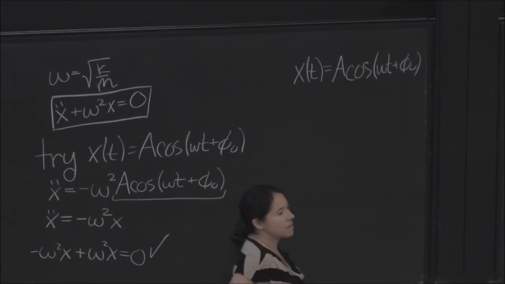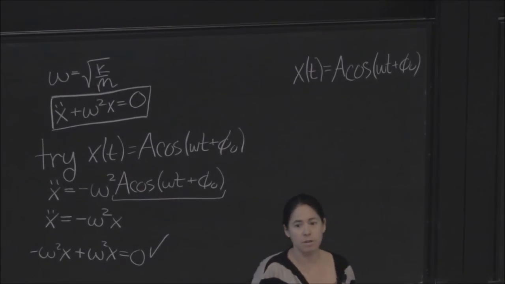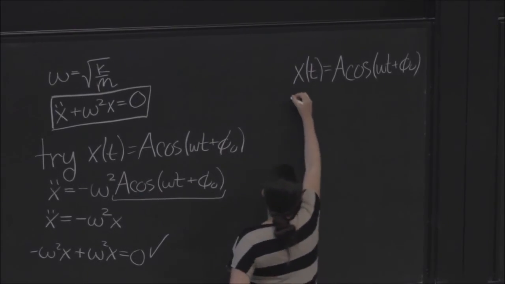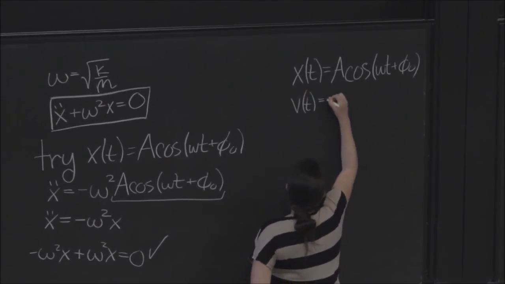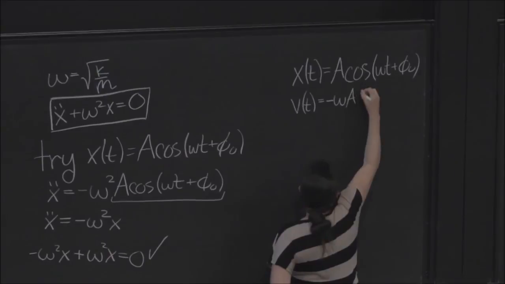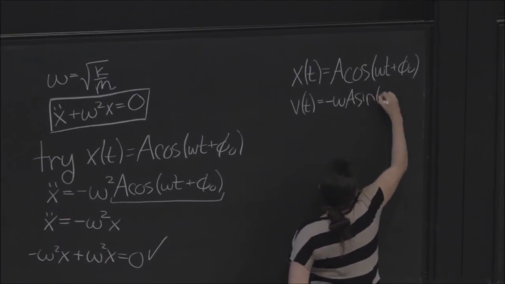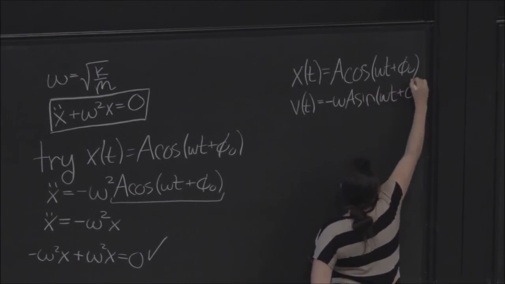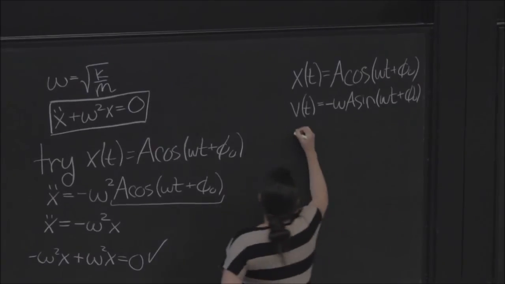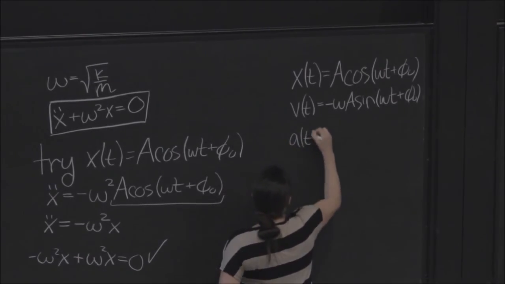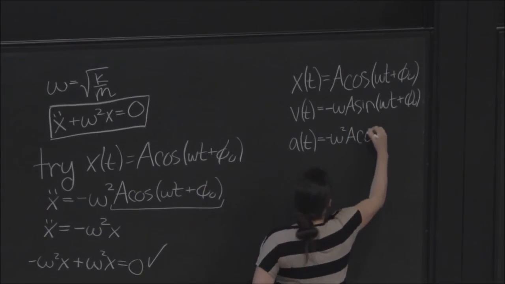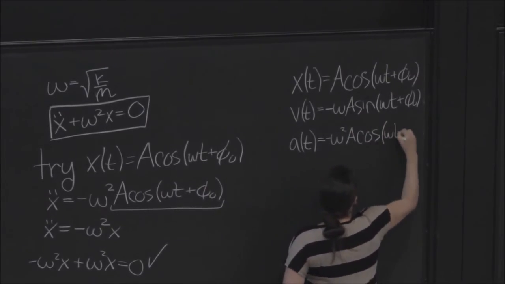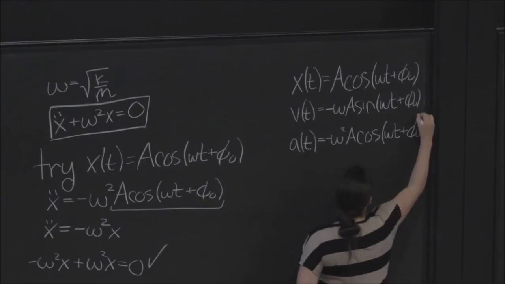They're up on the slide, but I want to keep them up here for while we're working a little later. So v of t, we take the derivative, we get negative omega A sine of omega t plus phi naught, and acceleration as a function of time is minus omega squared A cosine of omega t plus phi naught.